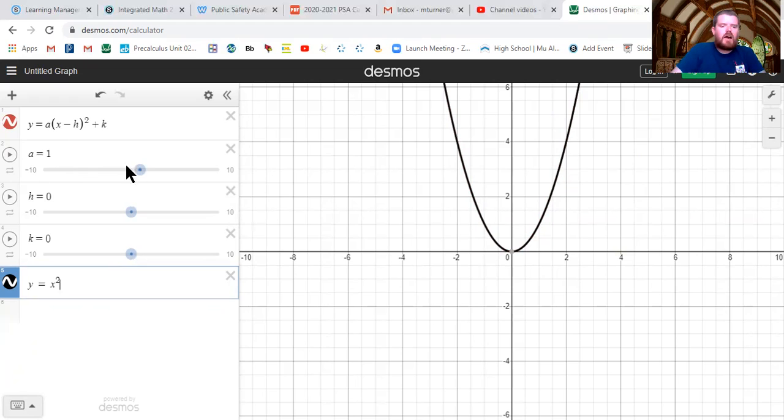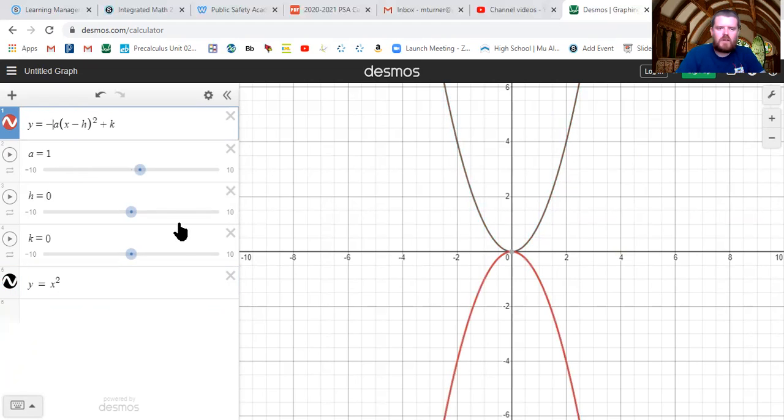A value, if I put a negative here, it'll flip it. So some questions will ask about a reflection or a flip. So you just put a minus there. So when a is negative, it flips the graph upside down. A also, other than it being negative, will make my graph either wider or narrower.